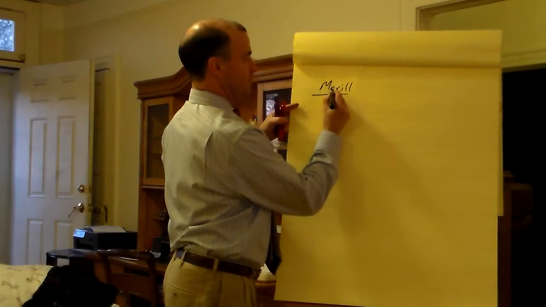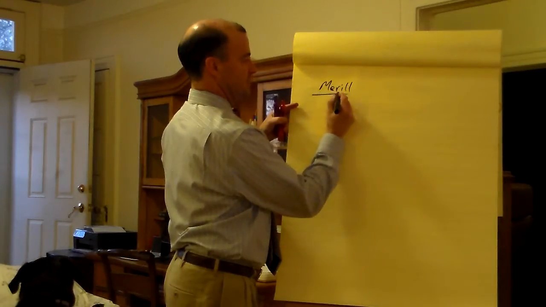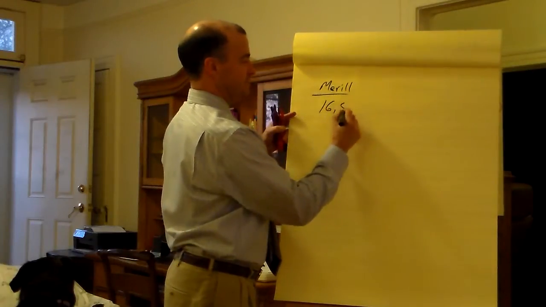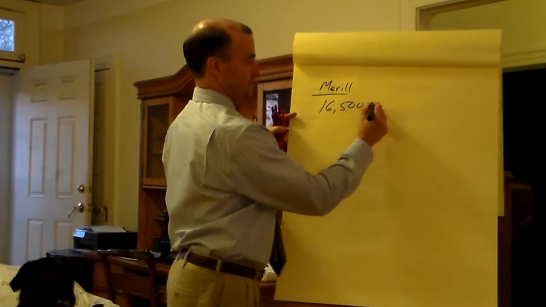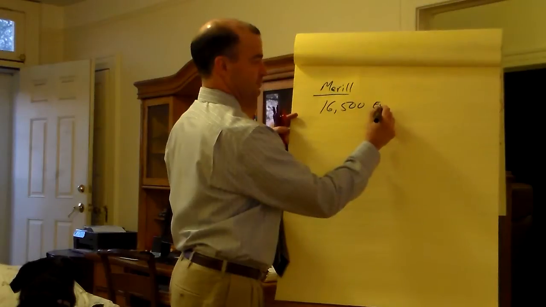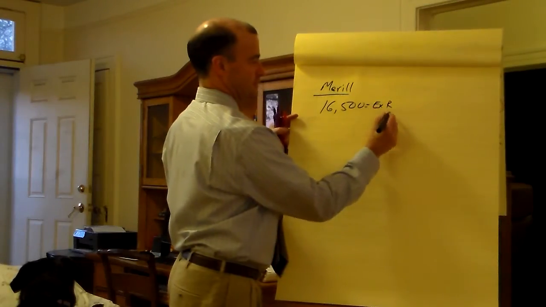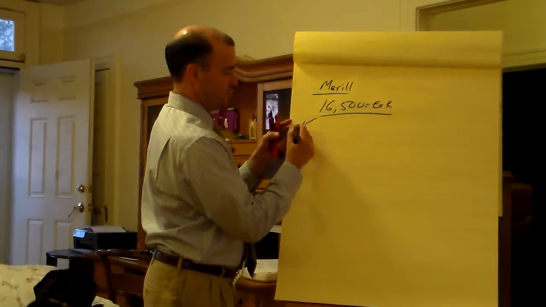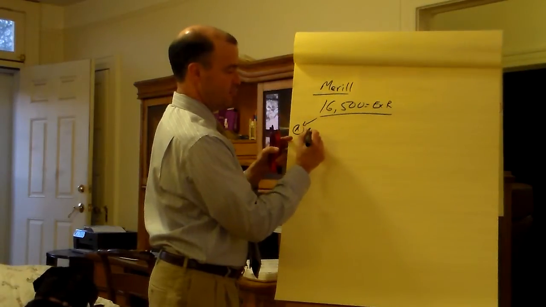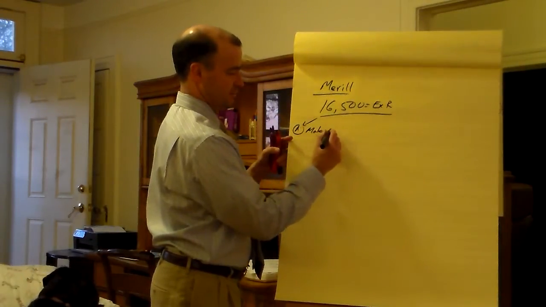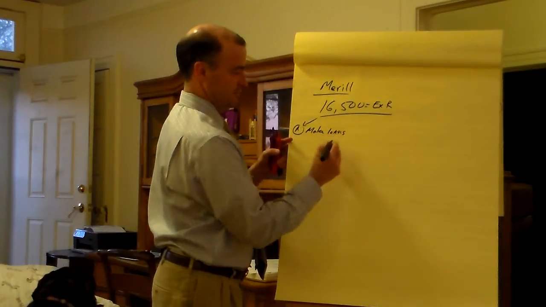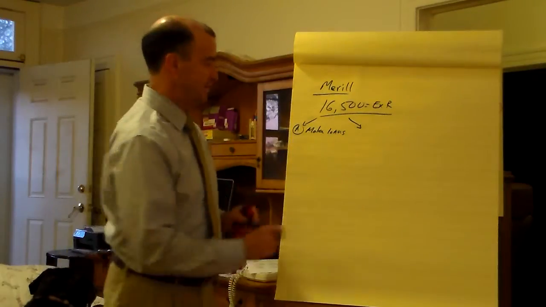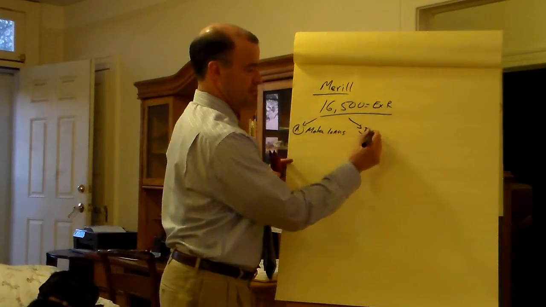A moment ago, we were saying that she had $16,500 in excess reserves. We said, okay, she has one option, obviously, to make more loans. But she has another option.